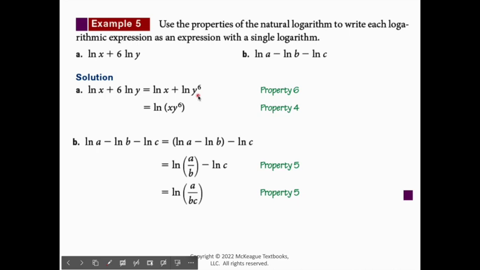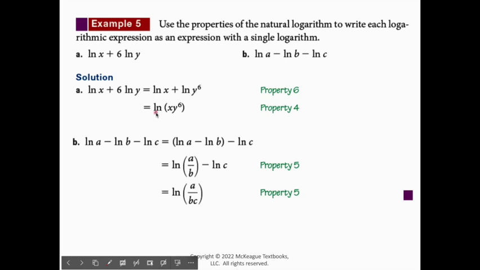And now we can use the product rule to combine it into one term. So because this is addition, we can change the arguments into a product and list it as one logarithm. So this can be rewritten as the natural log of x times y to the 6th.